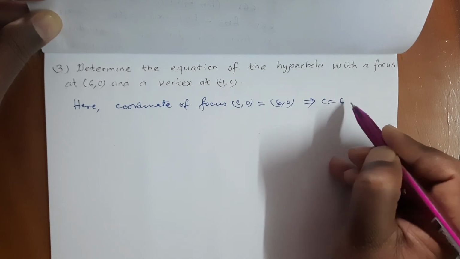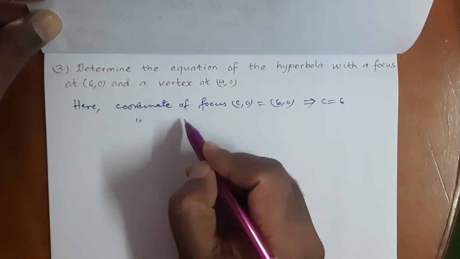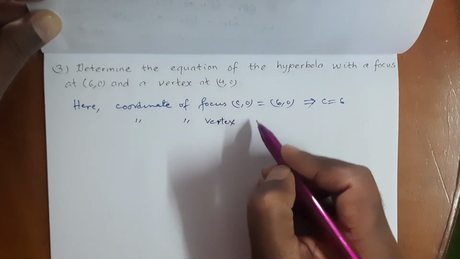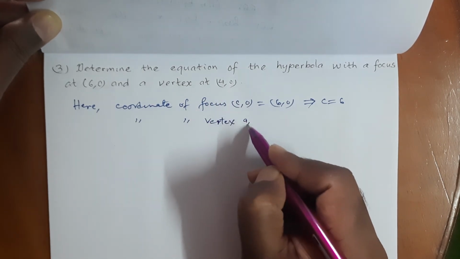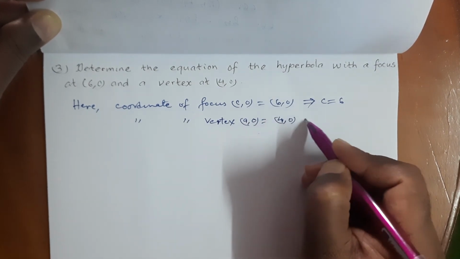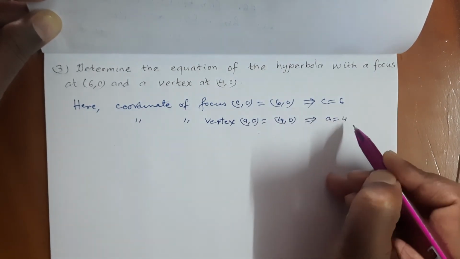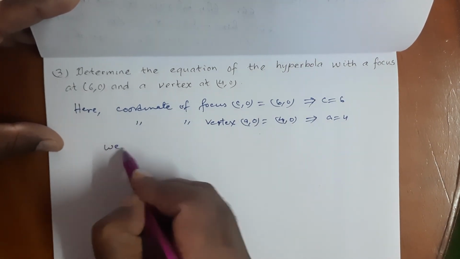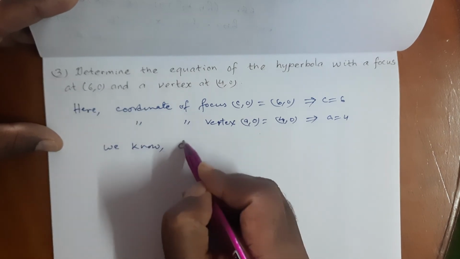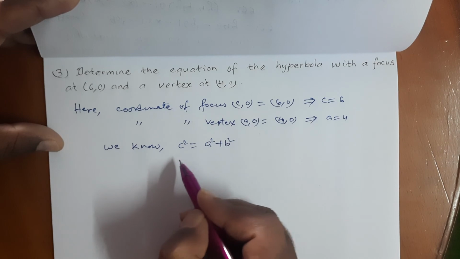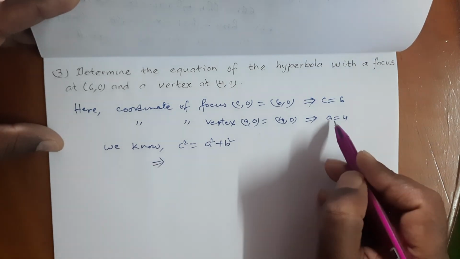This implies c equals 6, and the coordinate of vertex. In vertex also, if positive is given, we compare with positive. Vertex (a, 0), that is (4, 0). This implies a equals 4. Okay, and we know the c square formula is a square plus b square, and here c and a we know, so we need to find out b square.